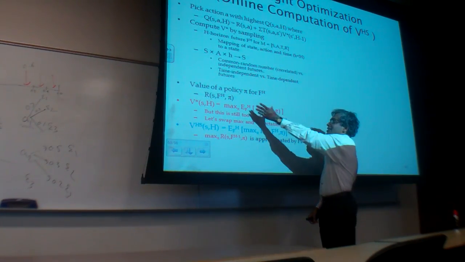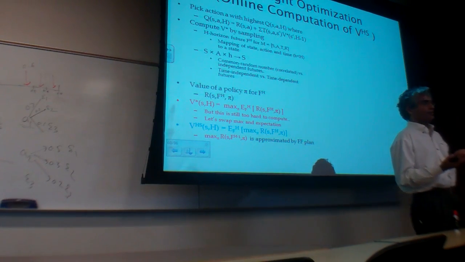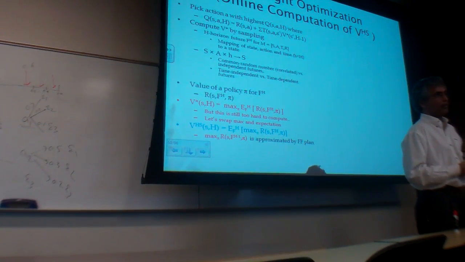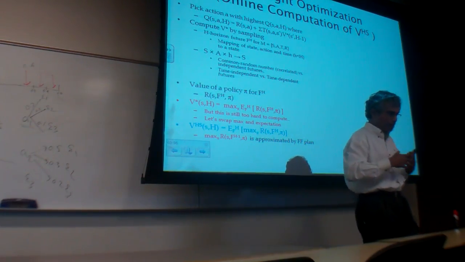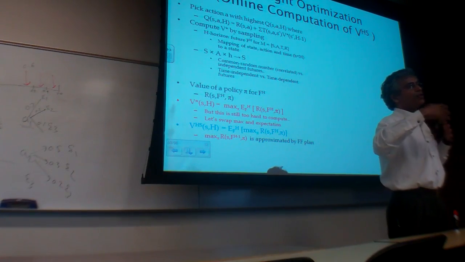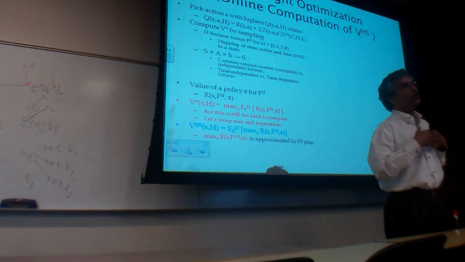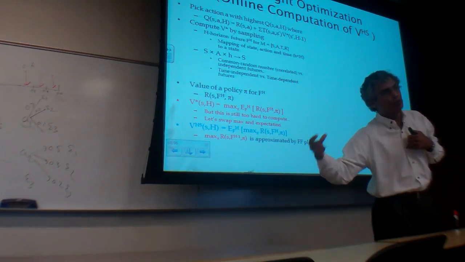Essentially this is what you always wanted to do, except now you're computing this expectation over futures, each future being a determinization. Now this turns out to be still too costly, because you have to first pick a policy and then figure out its value in different futures, taking its expected value over multiple futures. The same policy over multiple futures.